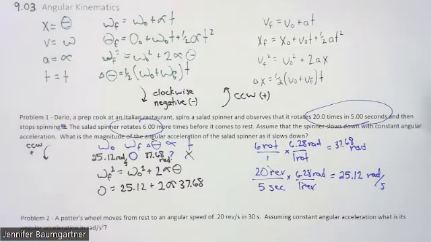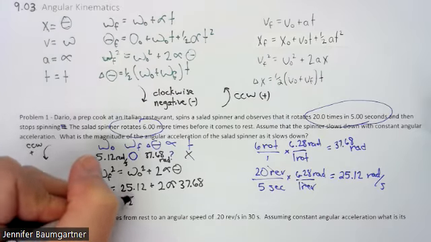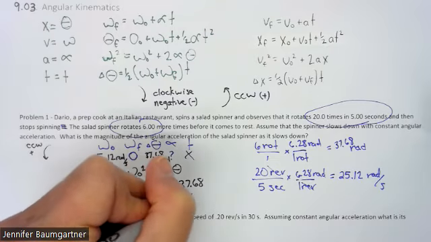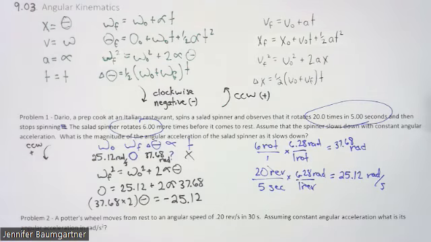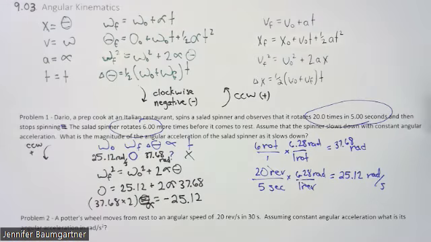Now notice what happens. When I simplify this, I'm going to have 37.68 times 2 alpha equals negative 25.12 squared. Sorry, it's alpha, golly gee. It's going to give us a negative value on our acceleration, but that makes sense, right? If our velocity is positive and we're slowing down, that means the acceleration has to be negative.